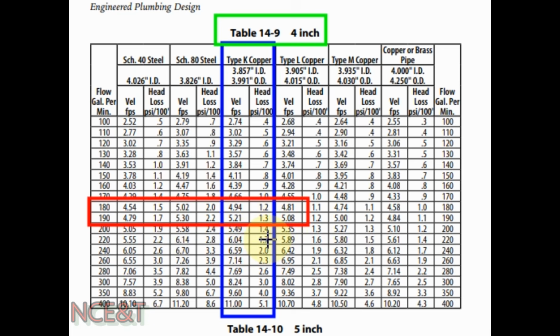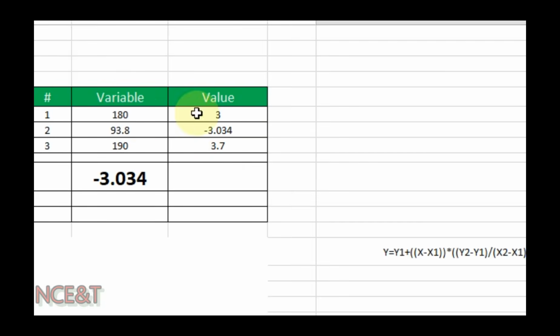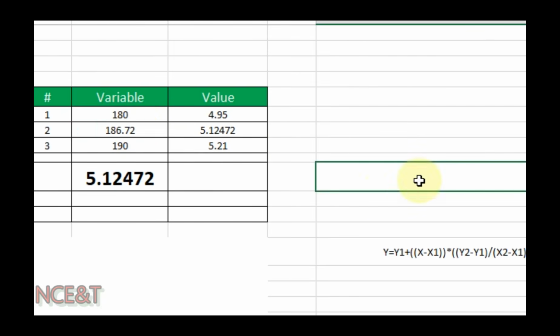To calculate the exact velocity and head loss, again we need to use the linear interpolation formula. For 180 we have the velocity 4.95, and for 190 we have the velocity 5.21. So for 186.72 we will have the velocity 5.12 feet per second.